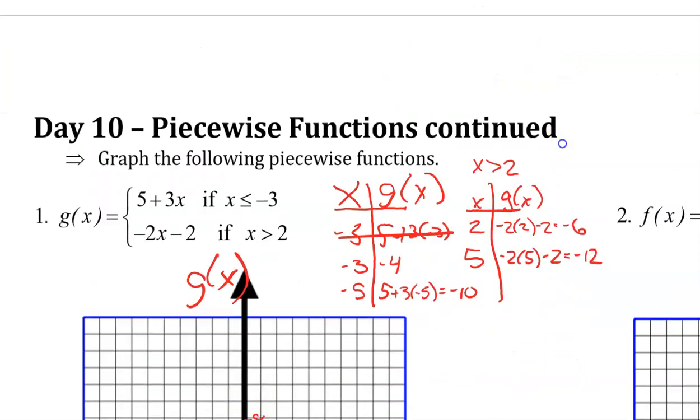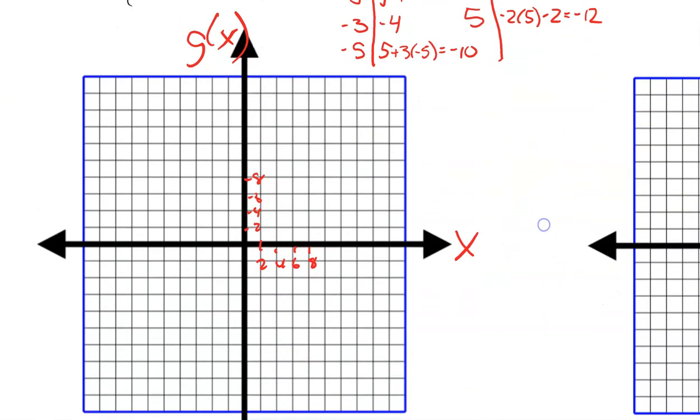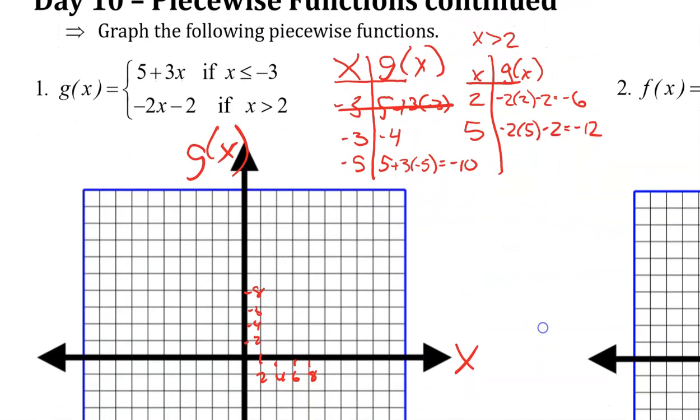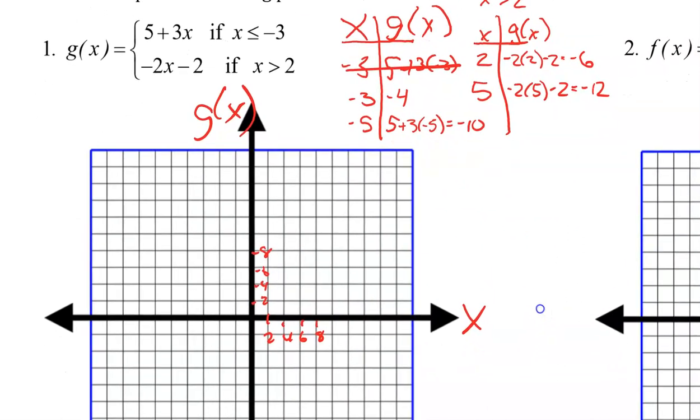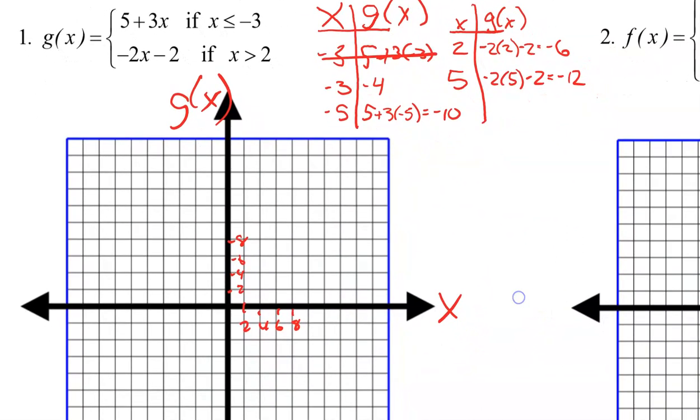When x equals -3, first off, it's less than or equal to -3, so this will be a solid circle. When x equals -3, halfway between -2 and -4, y will equal -4.